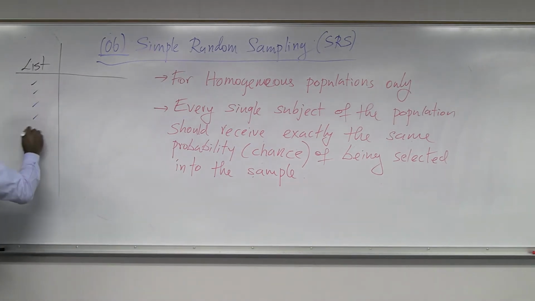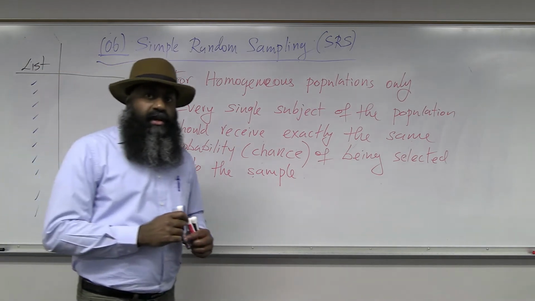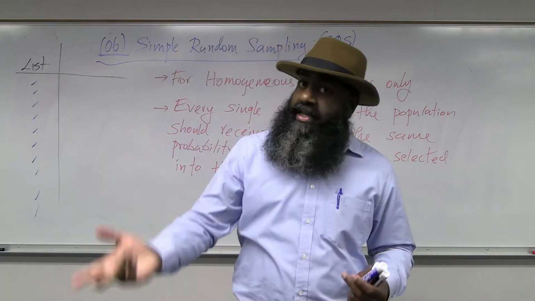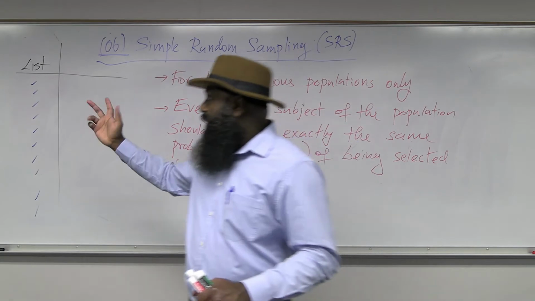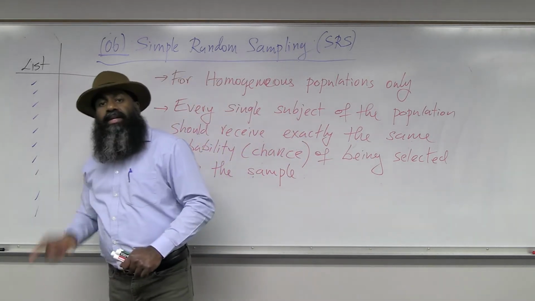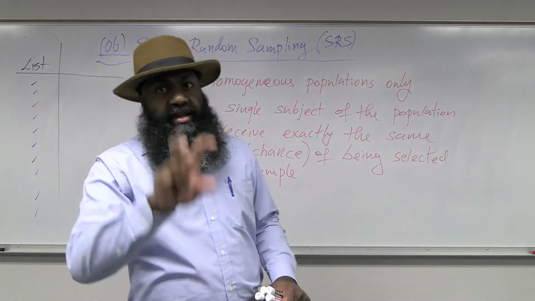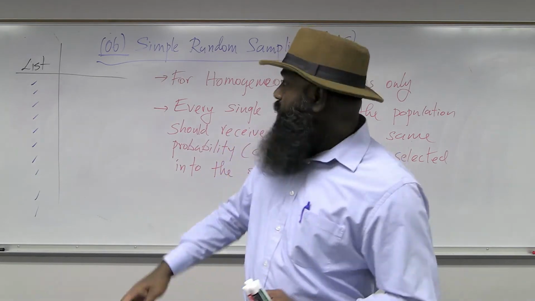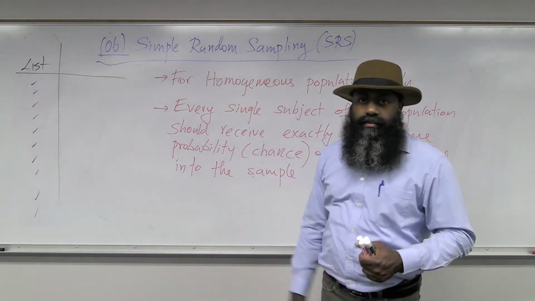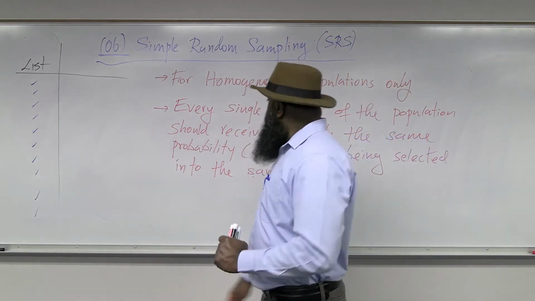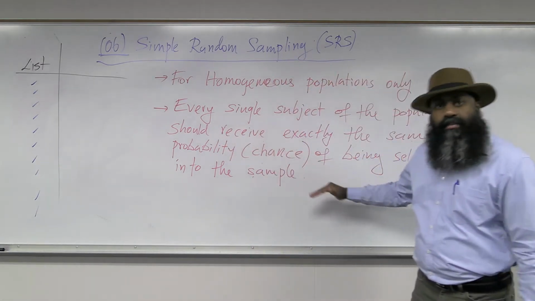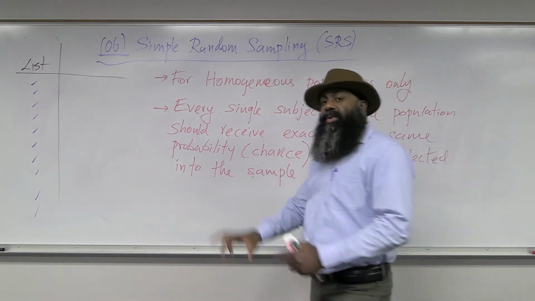So that's what you have to do first. You have to take a list of the entire population, a list of names or a list of reference numbers, something like that. I need a list of subjects of that entire population, the entire homogeneous population. And then, to ensure the same probability, I'm going to do something.